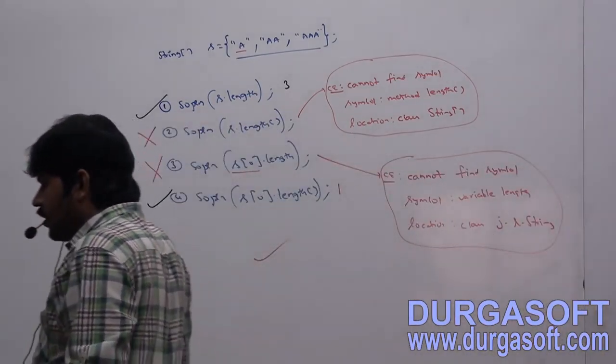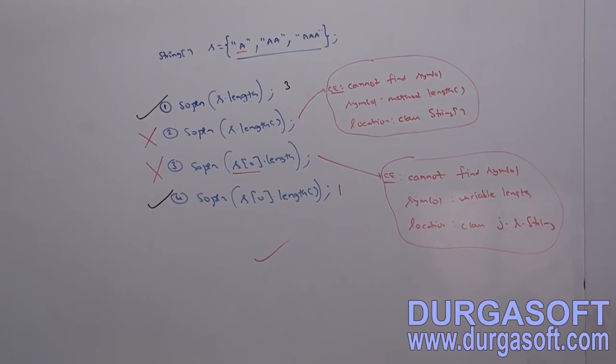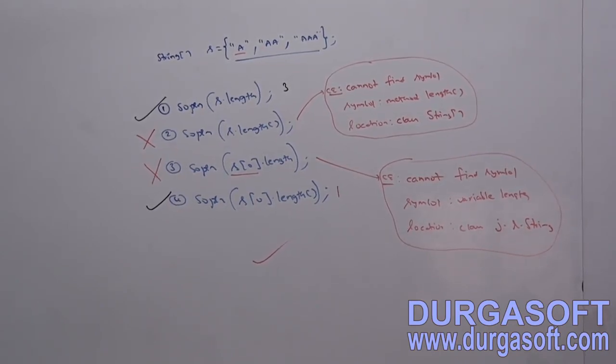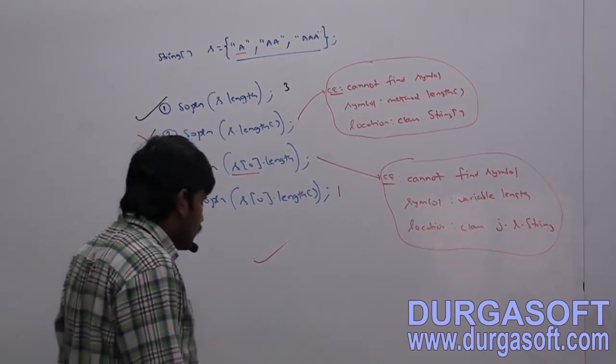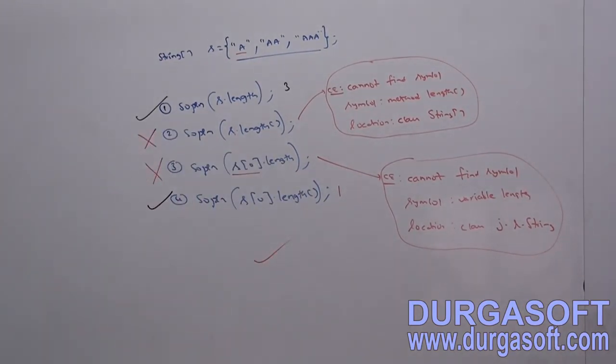Length variable and length method. String array s is equal to a, b, c. SOP of s dot length gives 3. s of 0 dot length like this. Completed, I hope. Cannot find symbol. Which symbol?